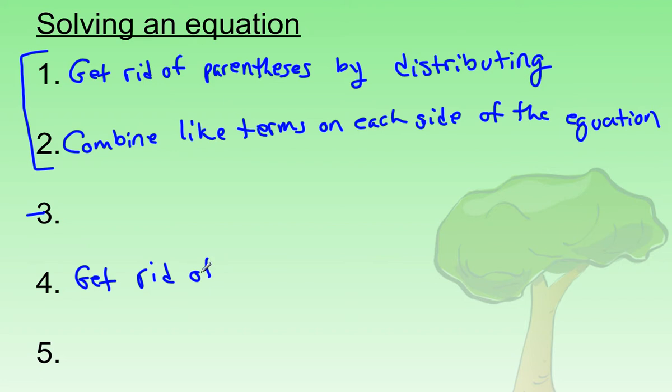Get rid of other terms by adding or subtracting. And by other terms, I mean the terms that don't have the variable in it. And finally, the last step is get rid of the coefficient by multiplying or dividing.